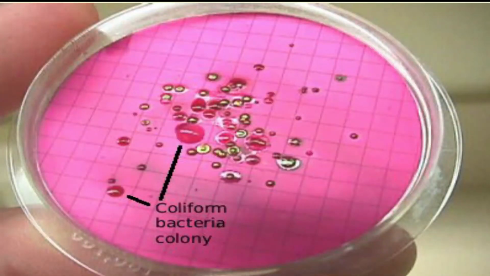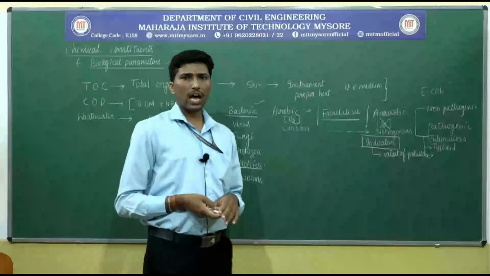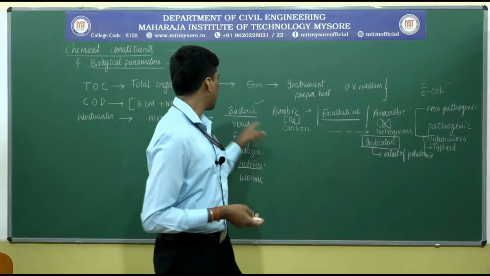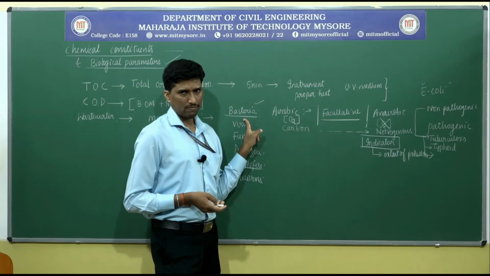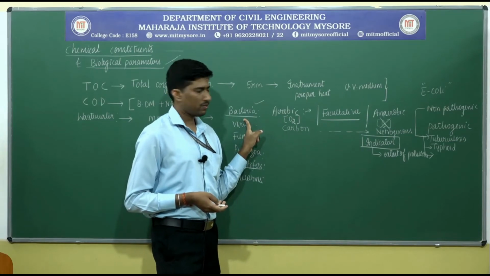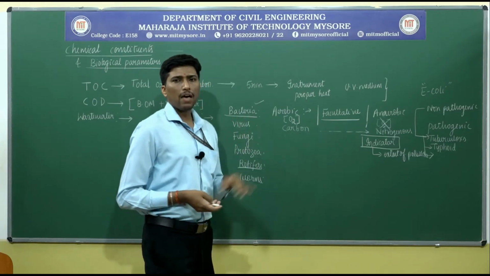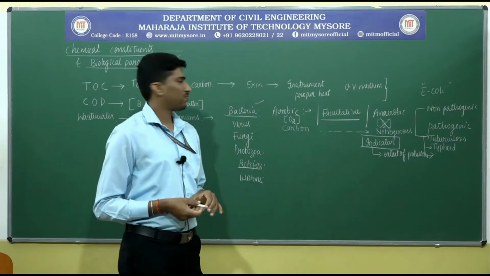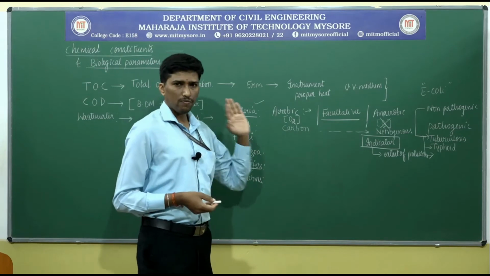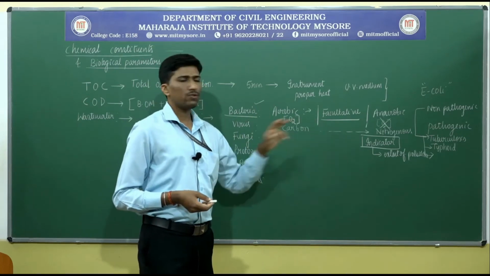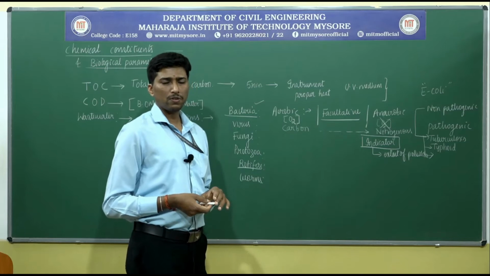It is normally done for the case of fungi. Whereas the multiple tube fermentation technique as well as the membrane filter technique are incorporated for bacteria. Getting the point clear for this? I think you have studied the MFT as well as MTF also. This is a fine tuning for you people to know the concept.